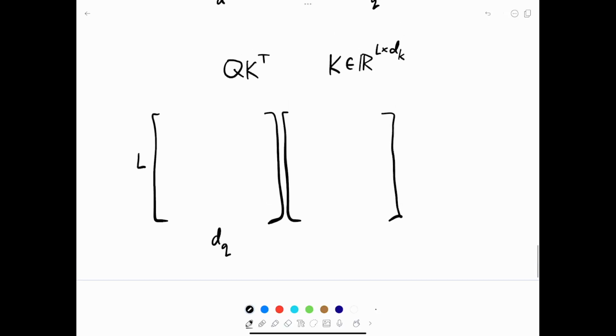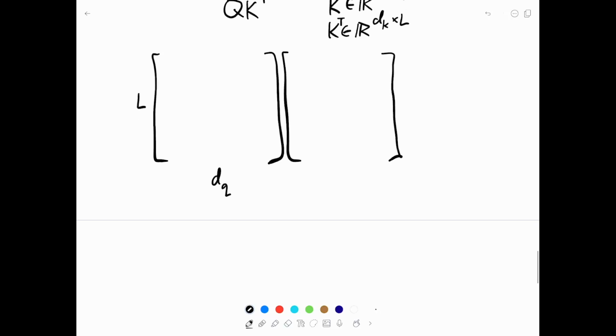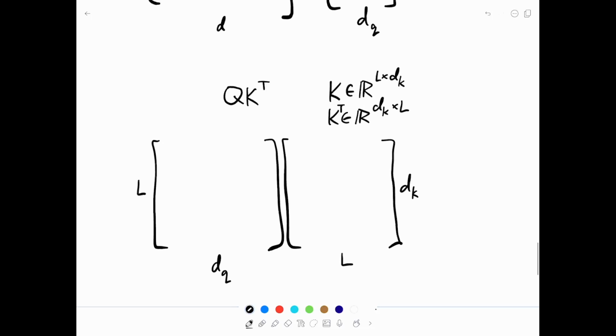But if we transpose it, then the dimensionality will be reversed, dk by L. And so now we have dk rows and L columns. And remember that in order to perform this matrix multiplication, we need the inner dimensions to match.